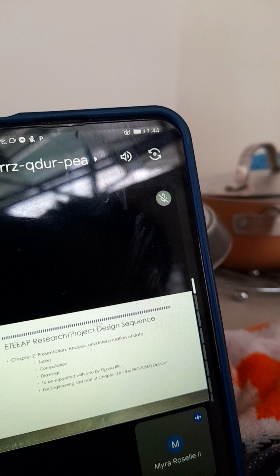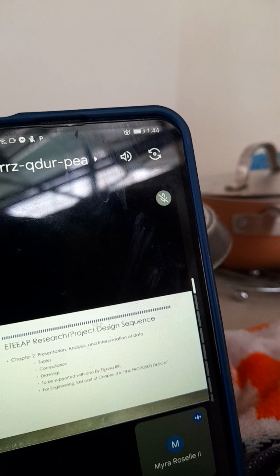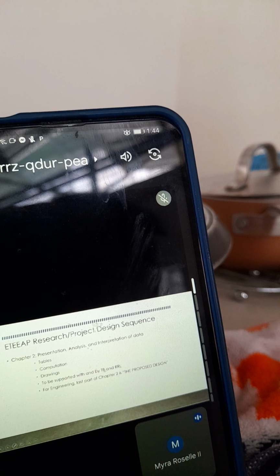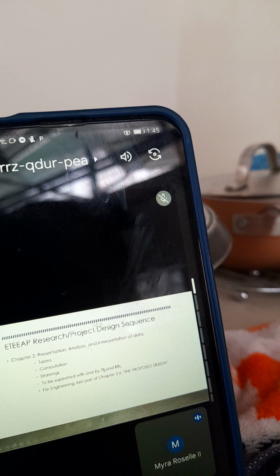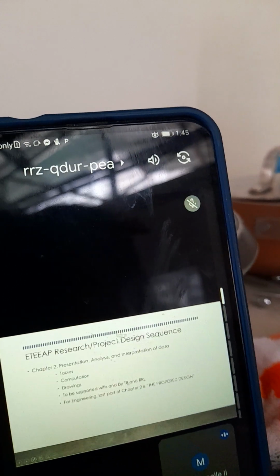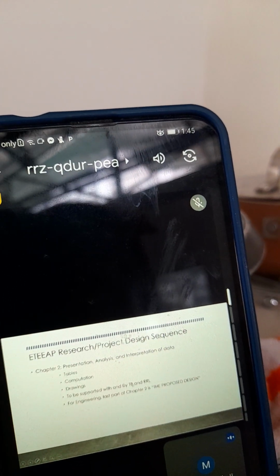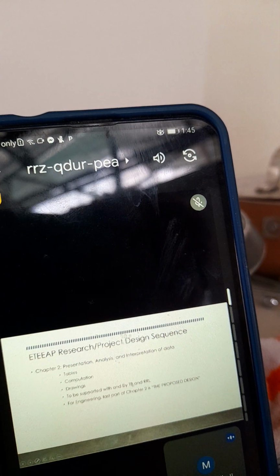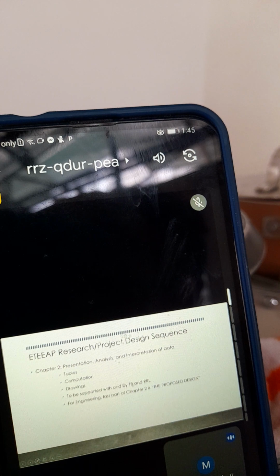Drawings with specific computations, with specific explanations, with specific colors so that it is understood where the wires connect. Okay? And all discussions in chapter 2, all explanations in chapter 2 must be supported by your theoretical background and review of related literature.